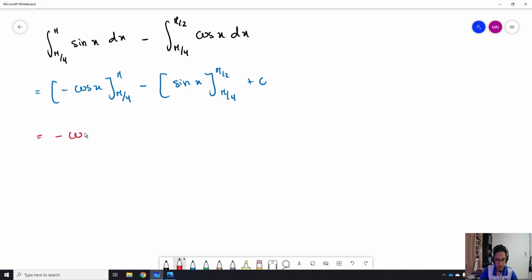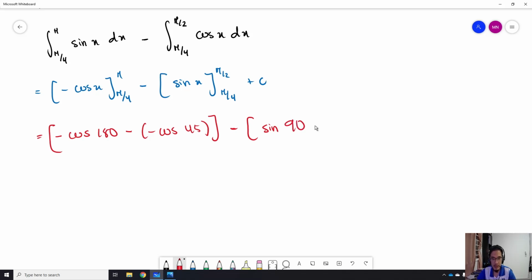So negative cosine 180 degree minus negative cosine, and pi over 4 is 45 degree, minus with sine pi over 2, which is 90 degree, minus with sine pi over 4, which is sine 45 degree.